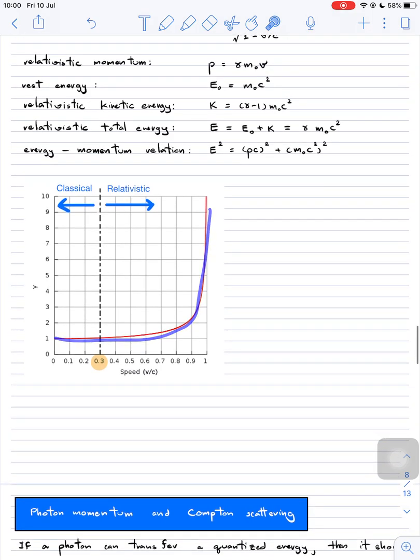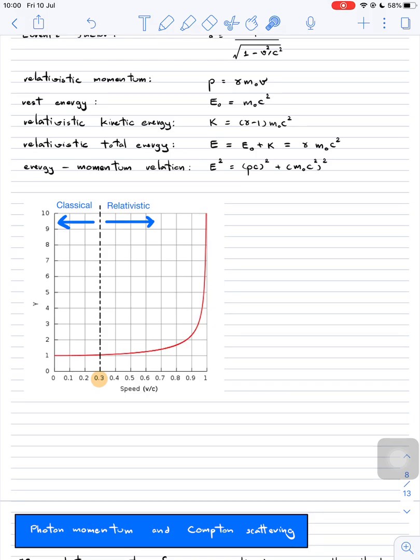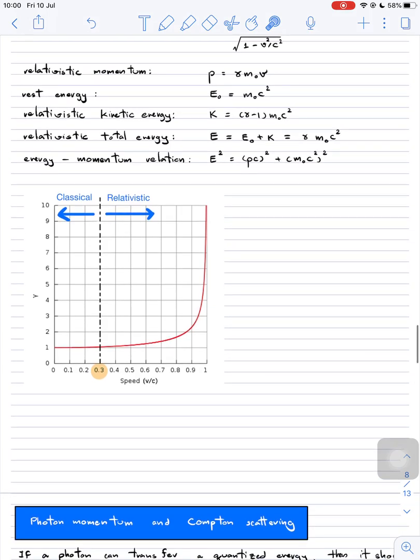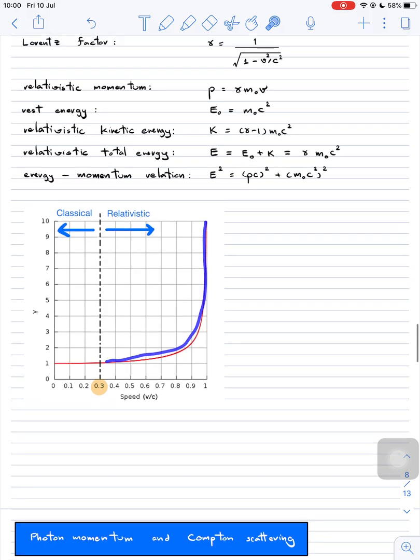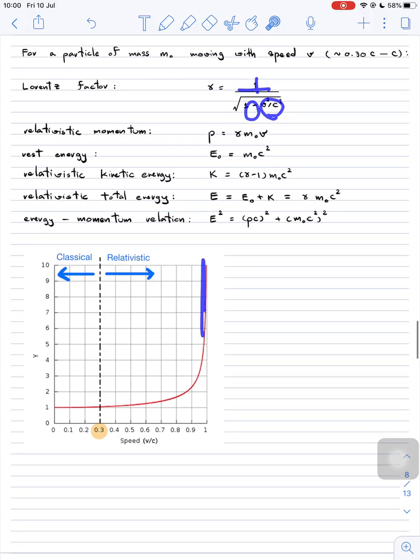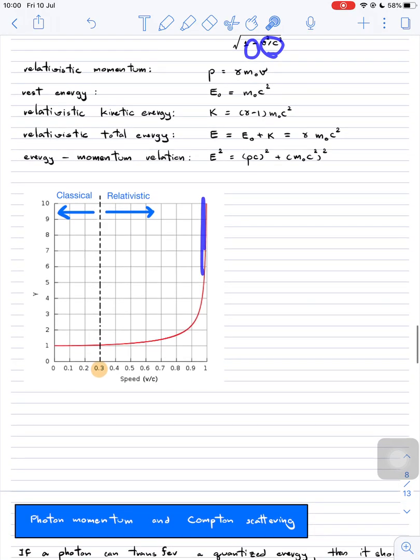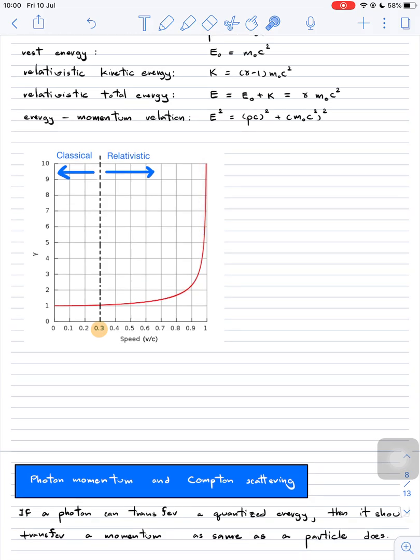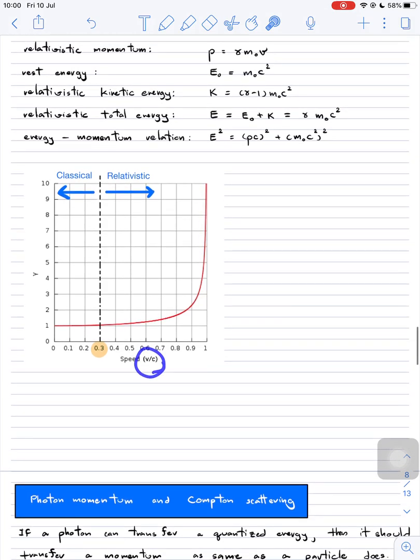Now you can see that when v gets close to c, it means that v over c is getting close to 1, so gamma will blow up to infinity. That makes sense, because if you plug v over c equal to 1 into this equation, you will get 1 over 0, which is infinity. But if v over c is less than 0.3, gamma is just about equal to 1.